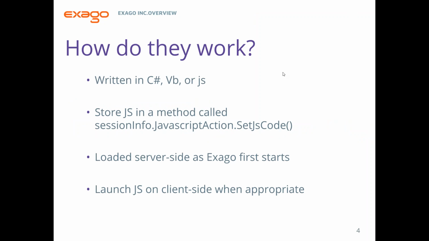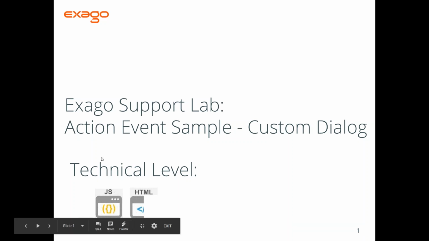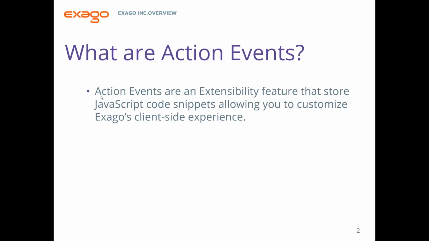Okay, great. So it looks like folks were not seeing the slides that were being shown, so I'll briefly go through that again. Sorry about that. So the action event dialog, this is our lab. As mentioned, a little bit of JavaScript and HTML. Action events, as mentioned, are the extensibility feature used for storing JavaScript code snippets.